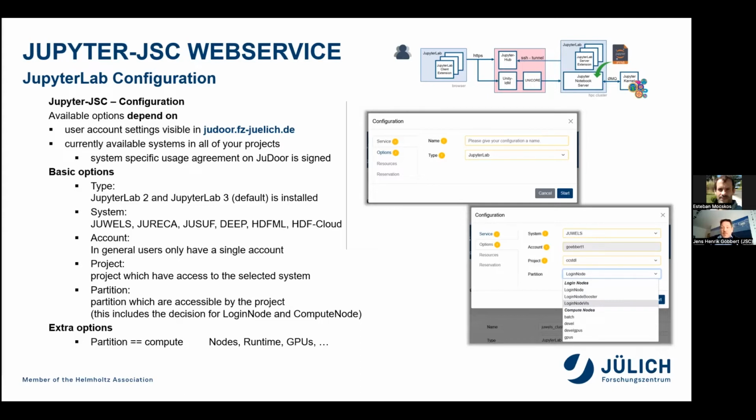You need to be able to say which project, if you have multiple projects, for accounting, where do you get your compute time from, and of course in which partition you want to start the JupyterLab: on login nodes, but also, as you see on the right bottom, the compute nodes on the batch or the devel or whatever.